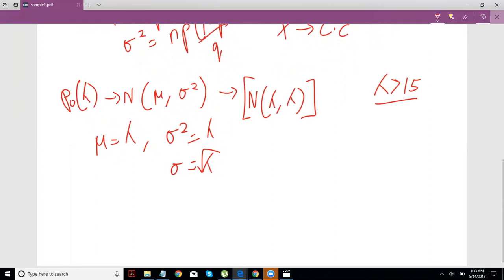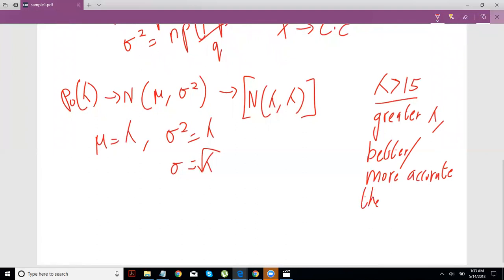Again, the greater the lambda, the more accurate the approximation, because with greater values of lambda, that is when it properly looks like a bell-shaped curve, and it assimilates your normal distribution even more when lambda is high.